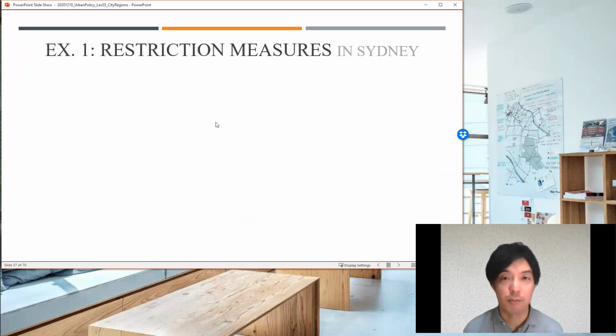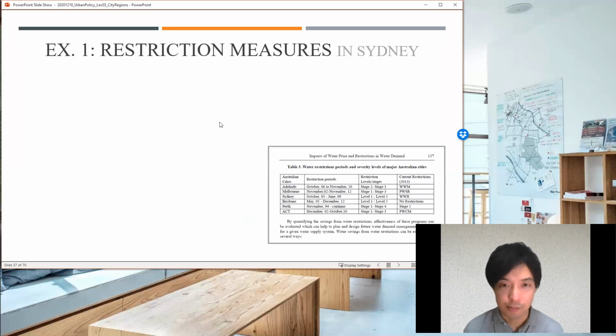Example 1, restriction measures in Sydney. If you look for information about restriction measures or water use restriction measures in Sydney, I mean, if you Google it, then you will find this article.